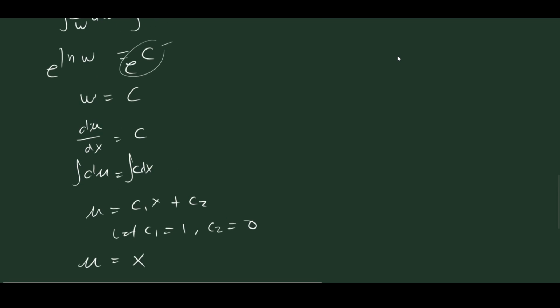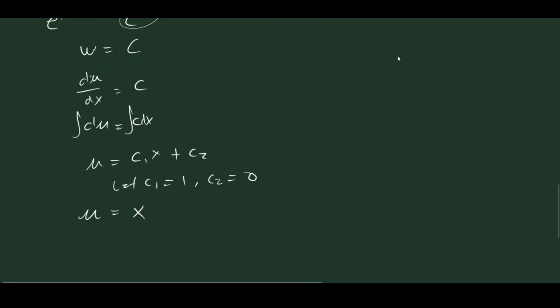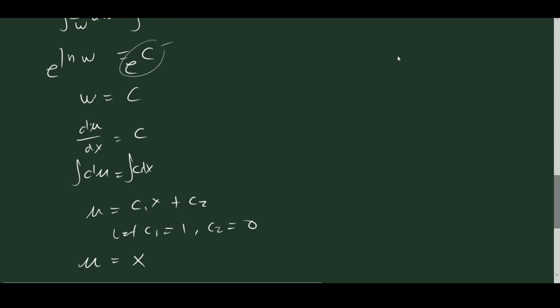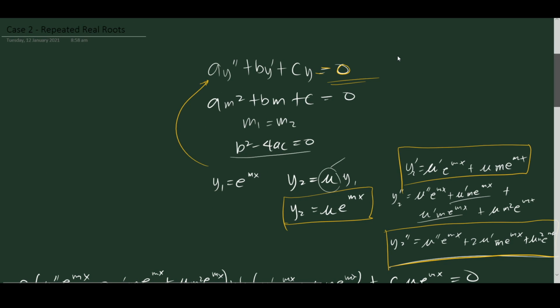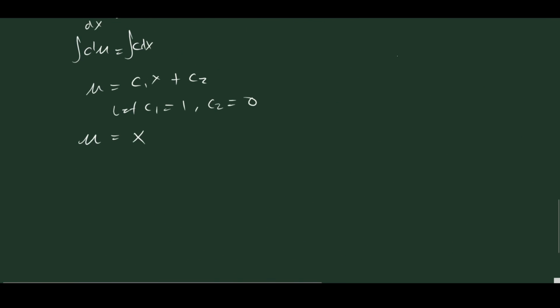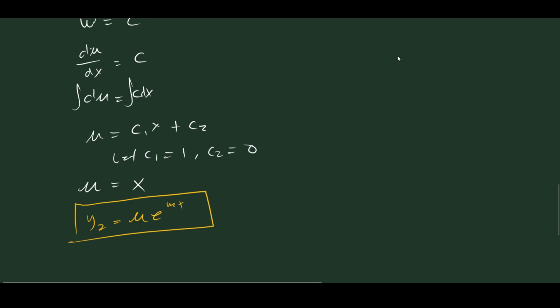Okay, so we are now very close to our general form. Now that we know that u is equal to x, from the formula, you know that y2 is equal to u multiplied by e raised to mx, right? So this will be our second solution.